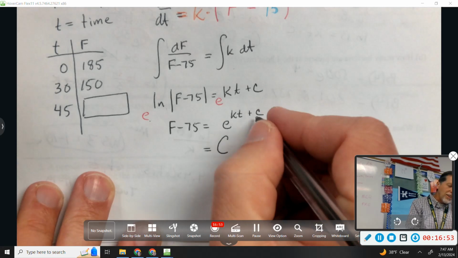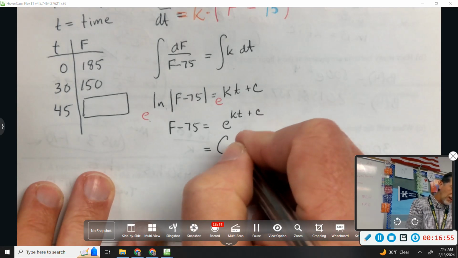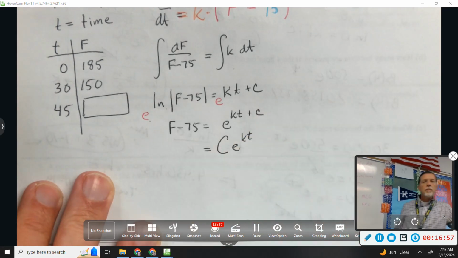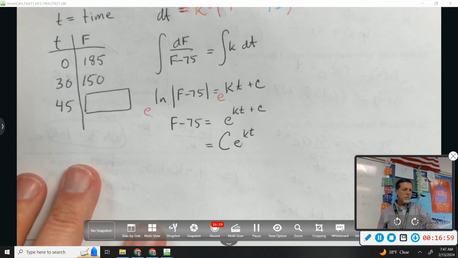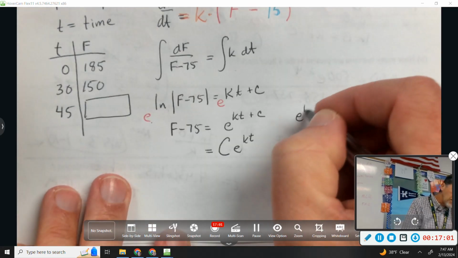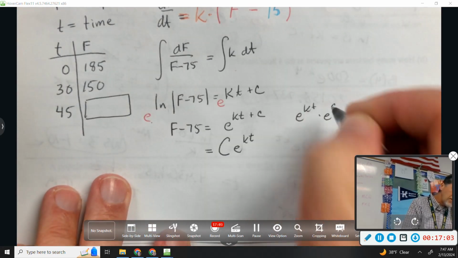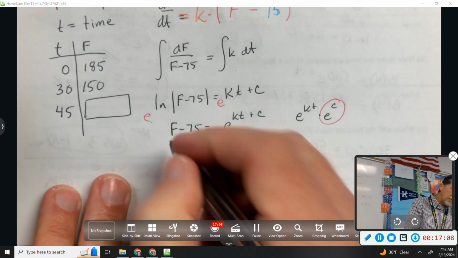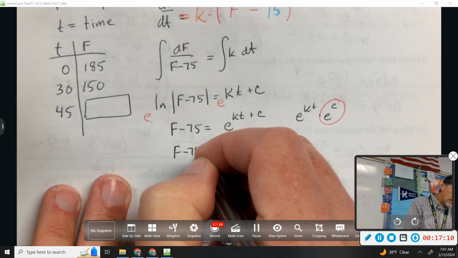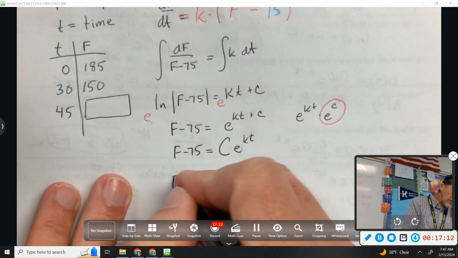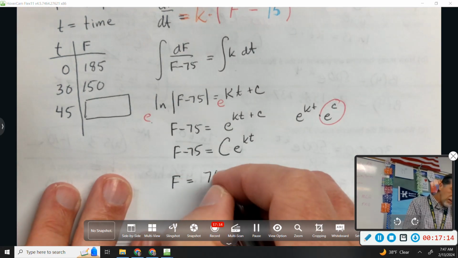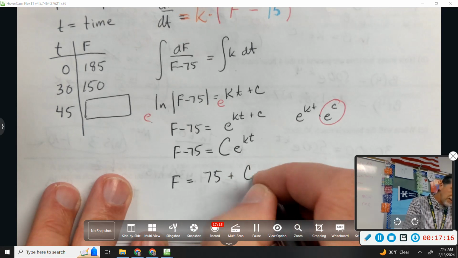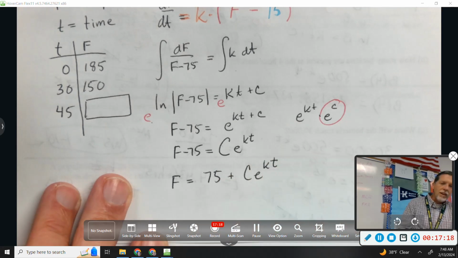Be careful, because it's not the same C. It's a different C. Because remember, this is E to the KT times E to the C. And then this E to the C is where that C comes from. And we may as well solve for F because we're almost there. So 75 plus C E to the KT.